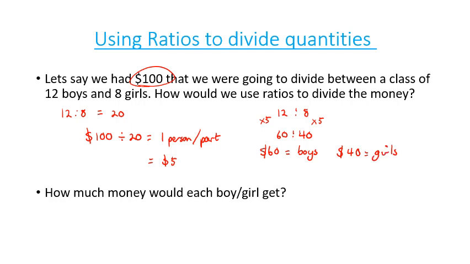A way that we can double check is if we add our 60 and our 40, then we hopefully get the total that we started with, which is 100. It says how much money would each boy or girl get? Well, each boy or girl would get $5.